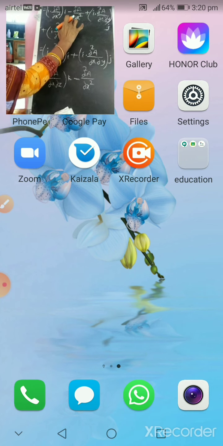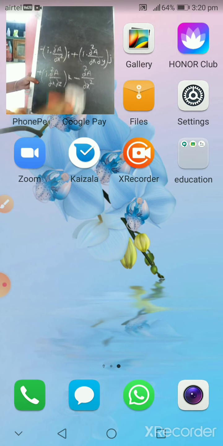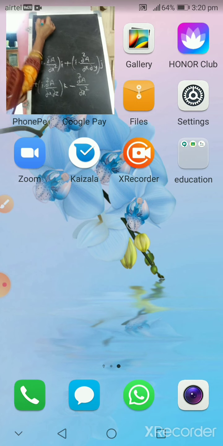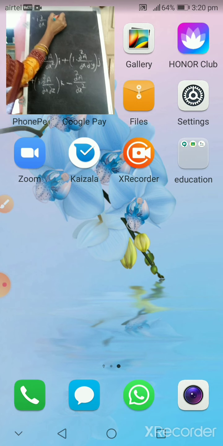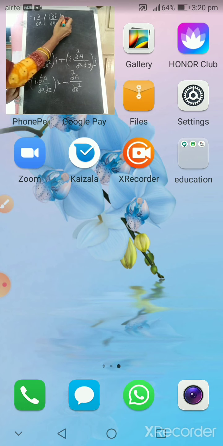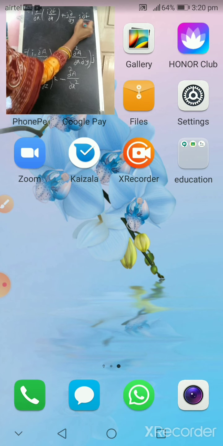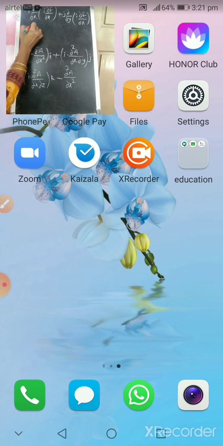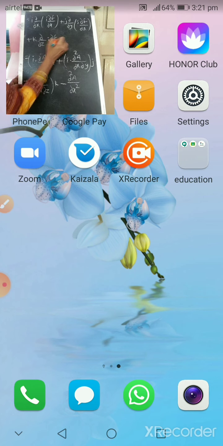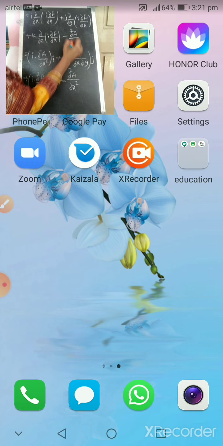So same step. So now i ∂/∂x of i ∂A/∂x plus j ∂/∂y of i ∂A/∂x plus k ∂/∂z of i ∂A/∂x minus ∂²A/∂x².